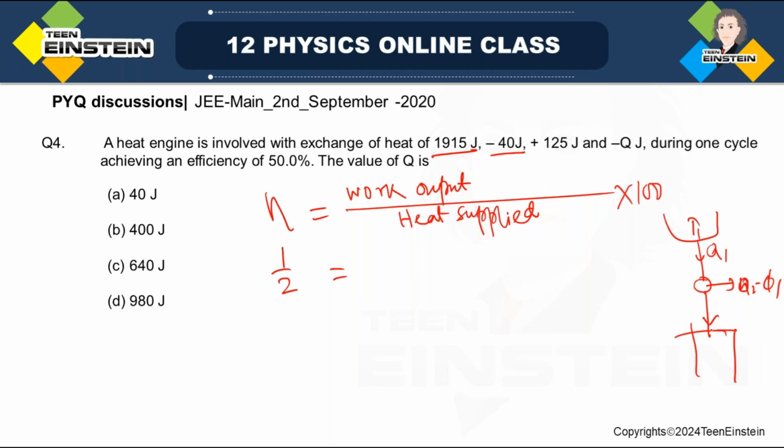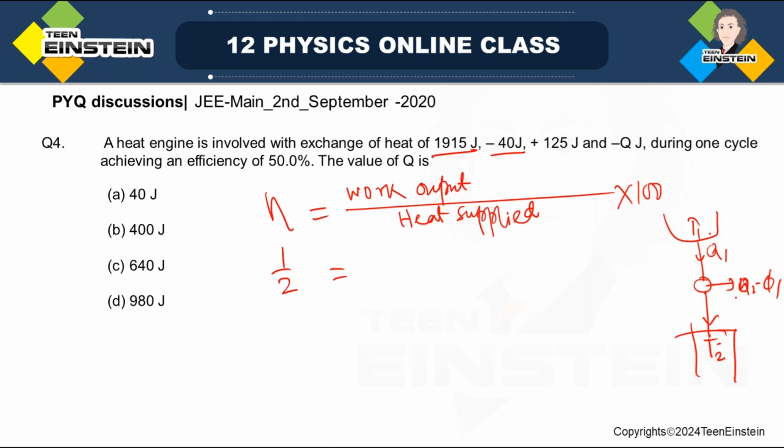In the other sense, the sink has infinite capacity to accommodate heat. This is called the reservoir, and this is called the sink for a Carnot engine.